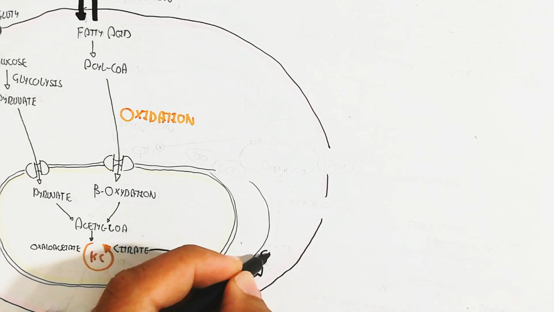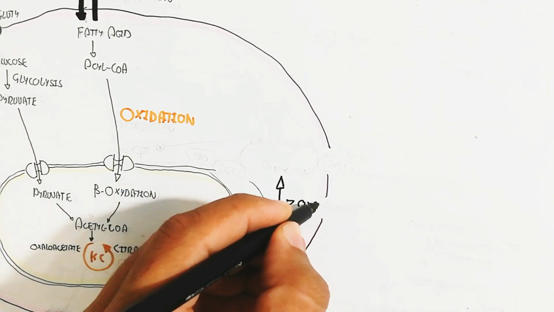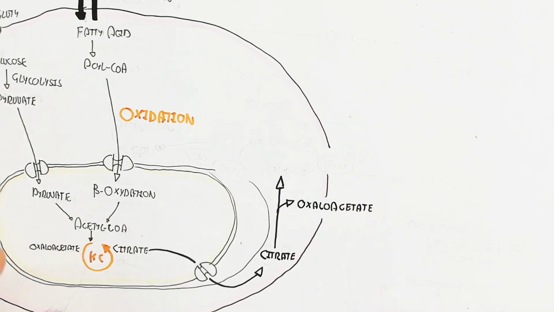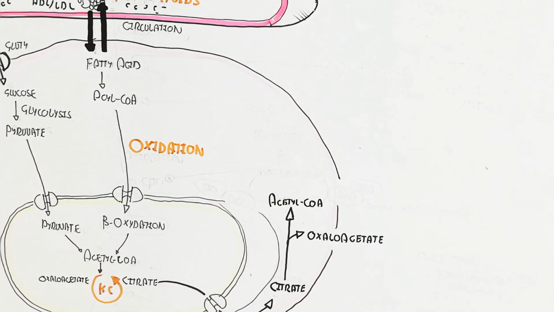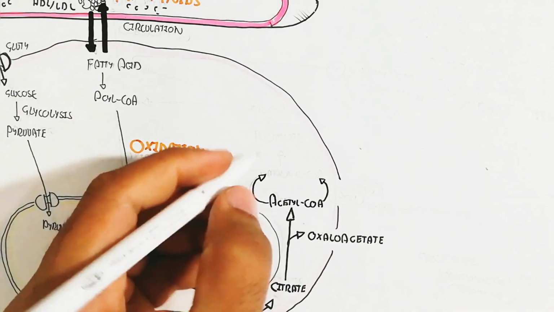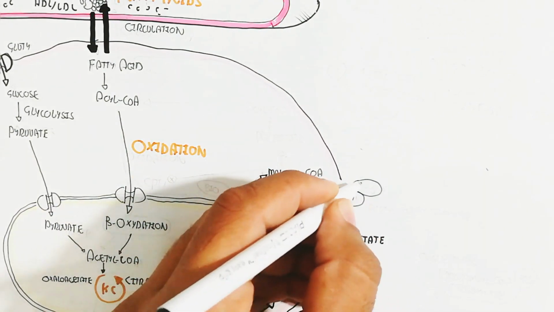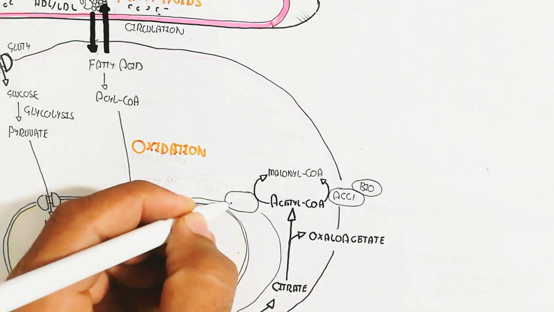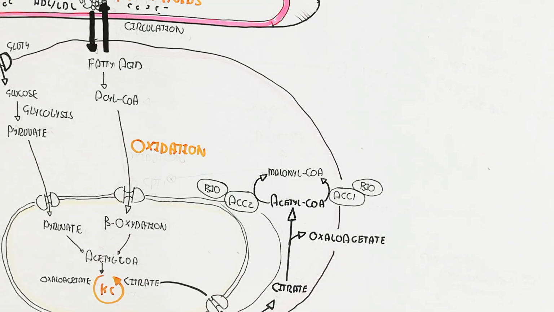Citrate can be moved out through the citrate transporter channel. Oxaloacetate is released, and two molecules are produced again in the cytoplasm. This acetyl CoA is converted in the presence of acetyl CoA carboxylase 1 and 2 enzyme, with biotin as a cofactor, to produce malonyl CoA.